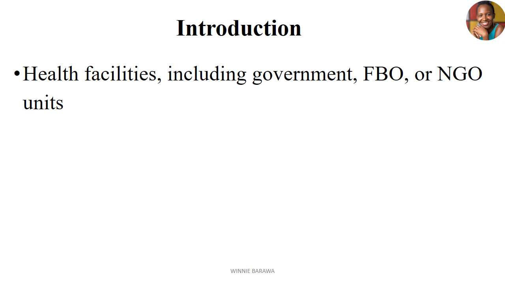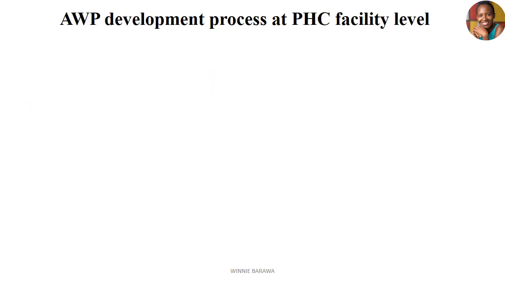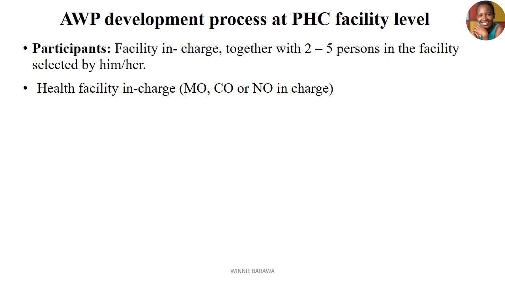But when it comes to decision making and developing the annual work plans, what are the primary health facilities supposed to do? The developmental process here will copy a bit of what happens at the community unit level. However, the composition of participants is a bit different.